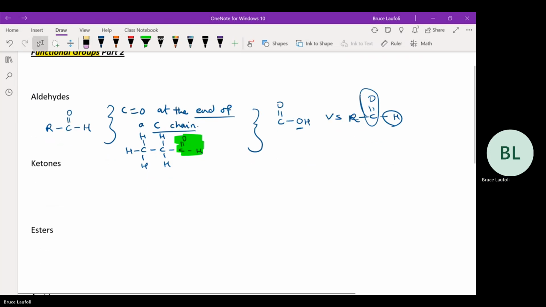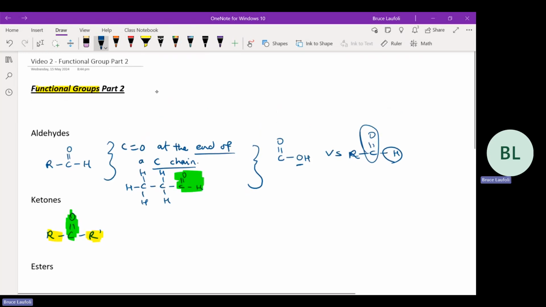Okay. Let's look at ketones now. Ketones are very similar to the idea that we need the double bond O, but the only difference is that the double bond O is situated in the middle of the carbon chain. So recall that this R stands for the rest of the chain in the organic molecule.